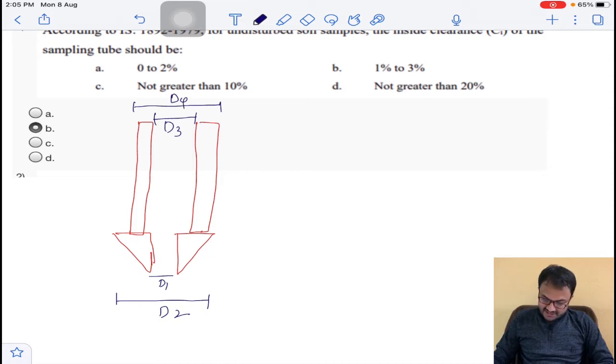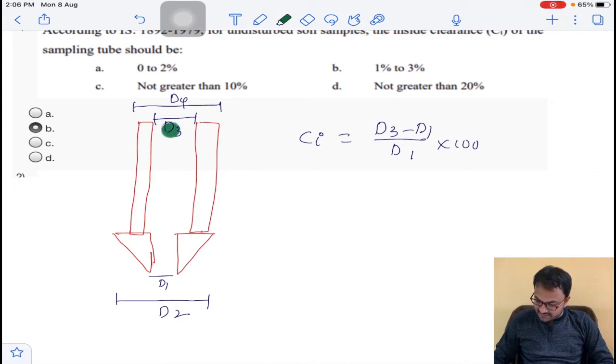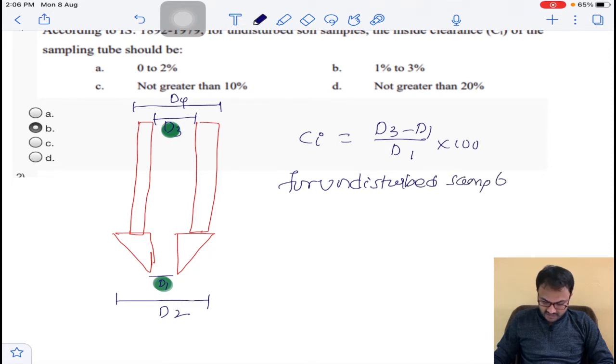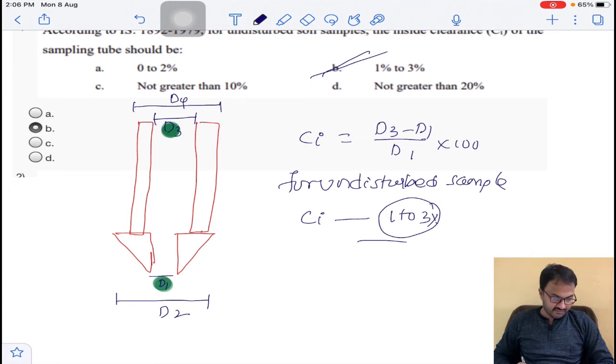So now inside clearance Ci is equal to (D3 minus D1) divided by D1 into 100. So inside clearance is related to inside dimensions. Okay, so remember this. And now for undisturbed sample, Ci lies between 1 to 3%. Okay, the answer will be B for question number 1.